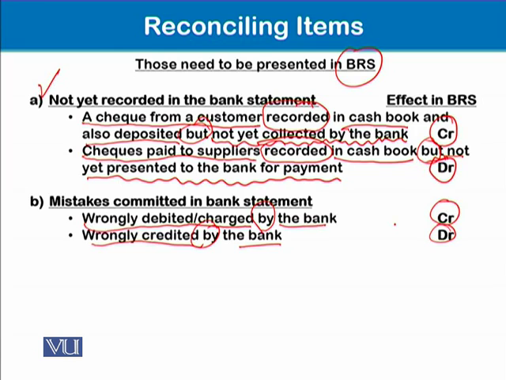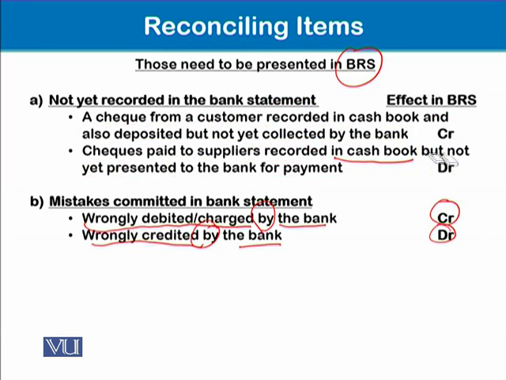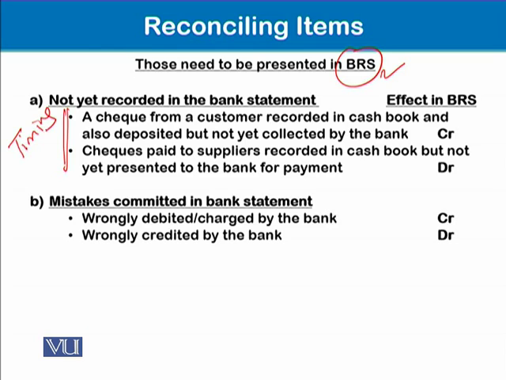So I repeat that there are basically two types of reasons for which we prepare a bank reconciliation statement. Number one, the checks, in fact you can say that these are the reasons which are being created because of timing difference.